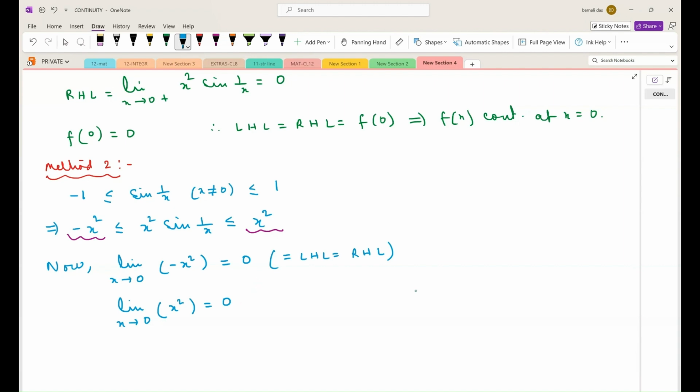So now let me remind you the sandwich theorem once.